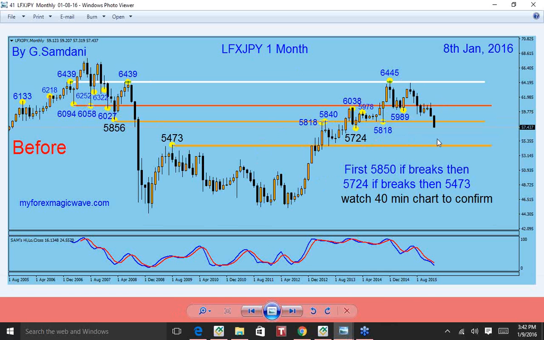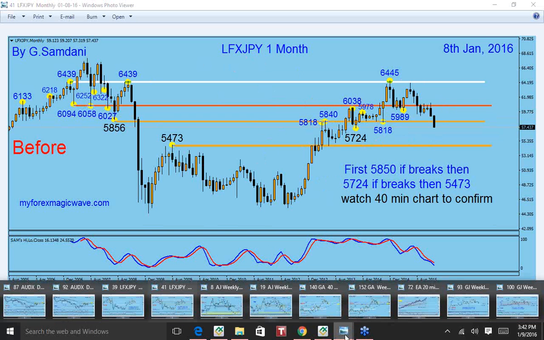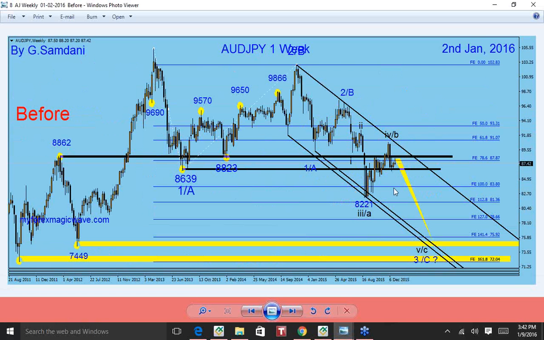So now let's take a look at Aussie yen, if there's a short setup, because our Aussie index and yen index are showing that Aussie yen is supposed to go down. So then we look at the Aussie AJ chart, and we find this setup. I've been tracking this for a long time, and this is also the 2nd January.